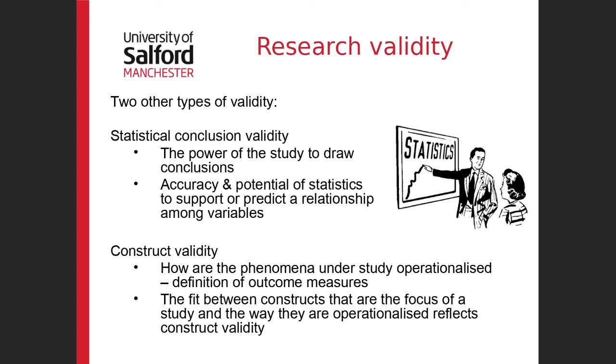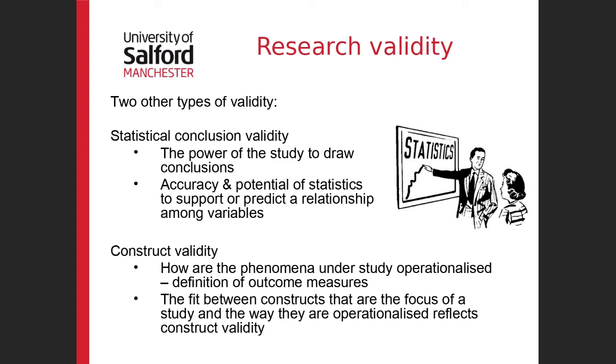Construct validity is all related to operationalization. So like we talked about with the questionnaires, it's how we put numbers on things in the study. And we need to be sure that we've put the numbers on things in the right way. So if we did a study of a specific intervention in low back pain, and we chose a specific questionnaire which maybe didn't reflect the way a lot of people experience back pain.